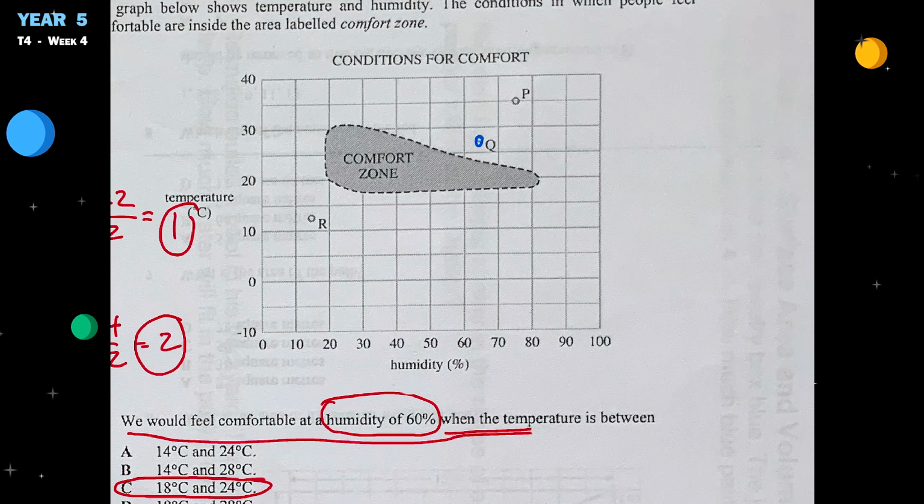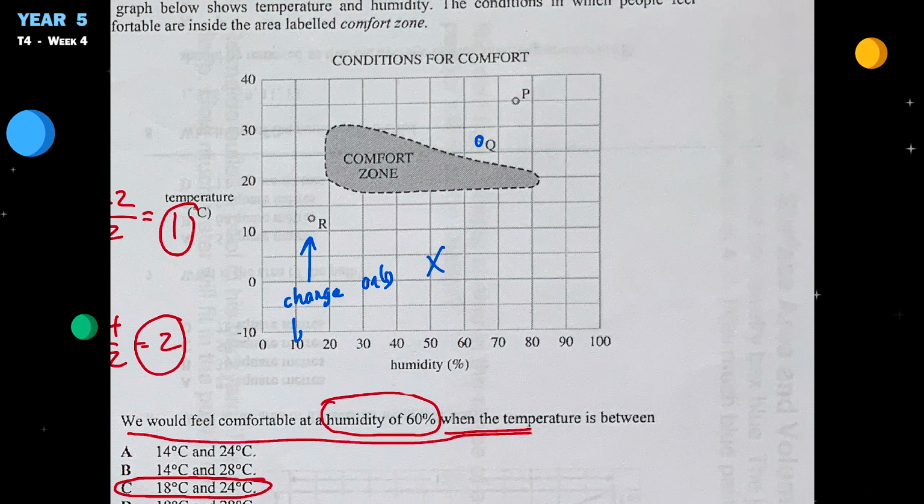Okay, so in this case, even if you change the humidity, regardless of how much you change the humidity, you're still not going to be able to get comfortable. So at this point R, if you change the temperature only, you will not get comfortable. It won't work.